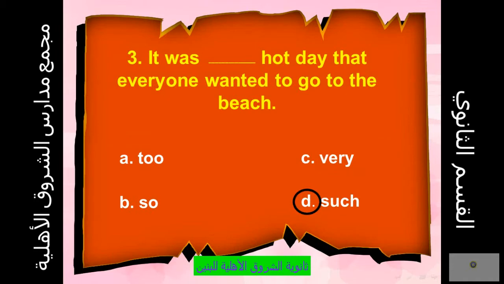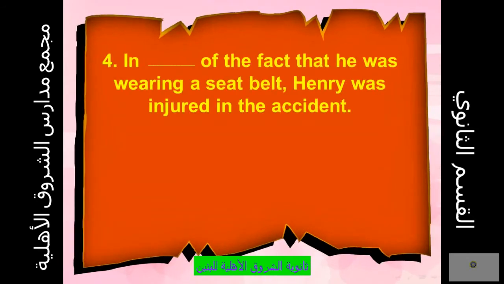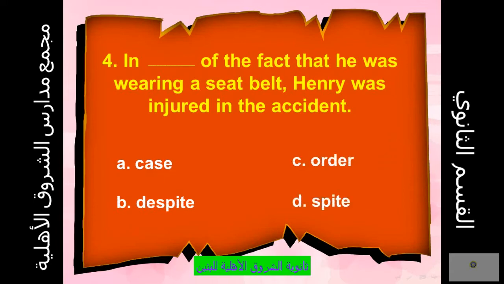Now, question number 4. In space the fact that he was wearing a seat belt, Henry was injured in the accident. In case of, in spite of, in order, or spite. The right answer here is in spite of.